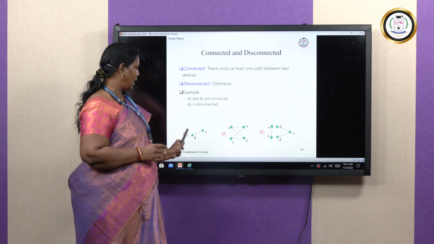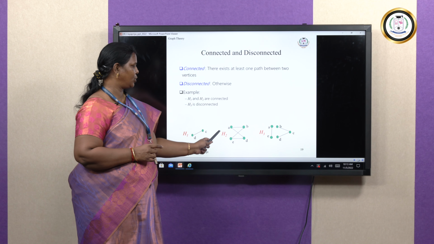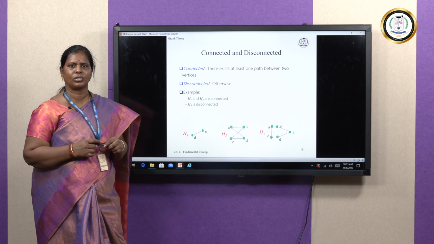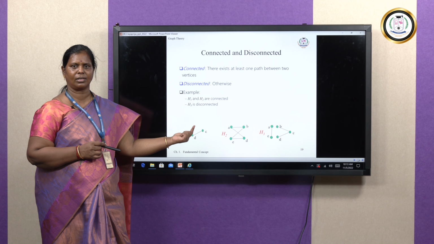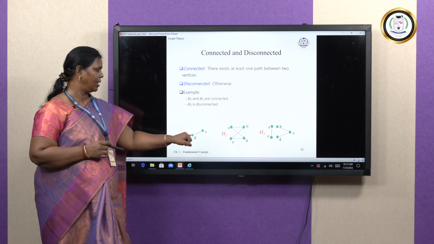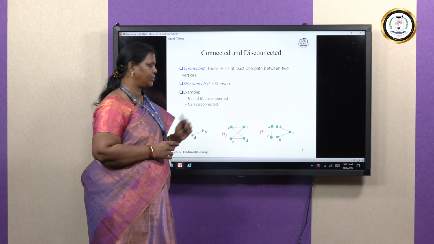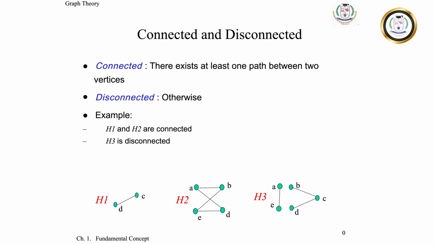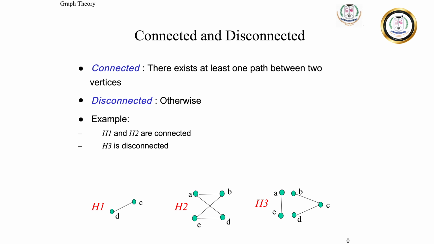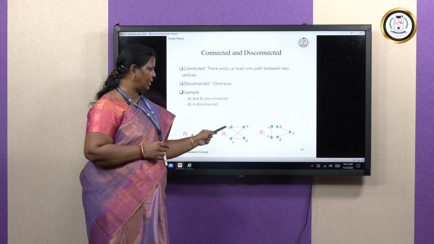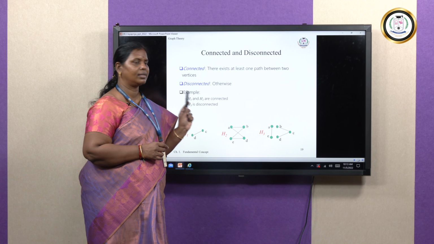We notice that H1 is connected, H2 is connected. How is H1 connected? Because there are only two vertices and one edge, so there exists a path between D and C. Now, coming to H2, if you start from A to D, is there a path? Yes. From A to E, is there a path? Yes, we can walk through like this: A to B, B to E, there is a path.